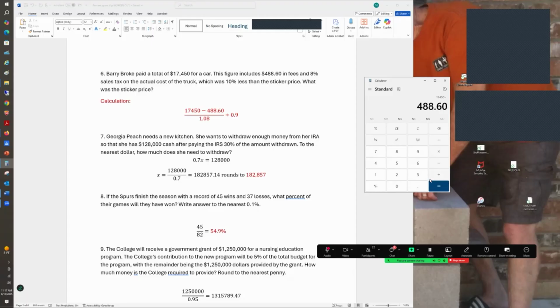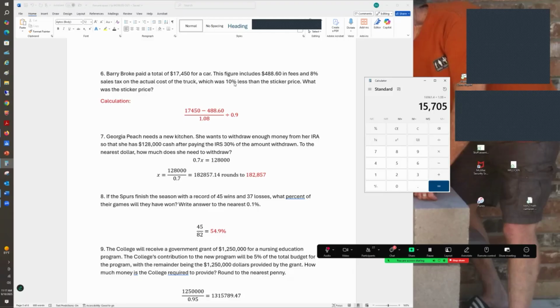Now hit the equal sign, because if your calculator does the order of operations and you just say divided by, it'll divide 488.60 by 1.08. So we got to say equals here. Now that is going to be divided by 1.08. And there's the price before tax, 15,705.